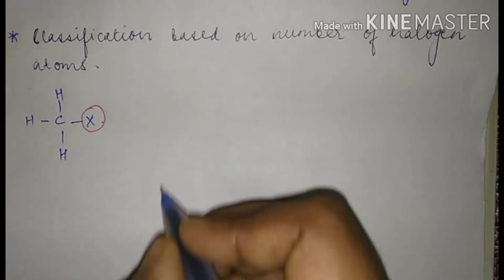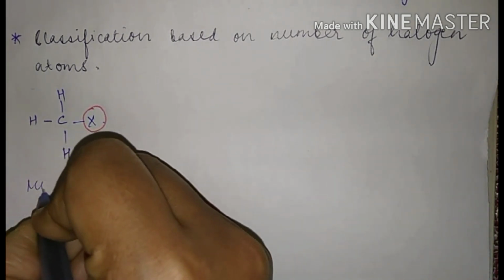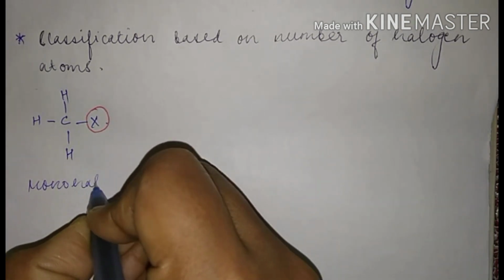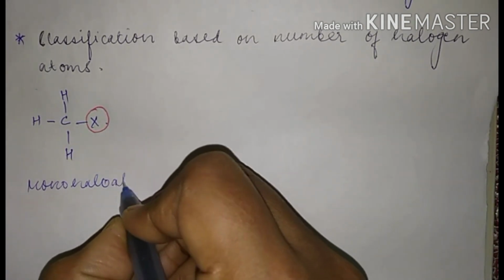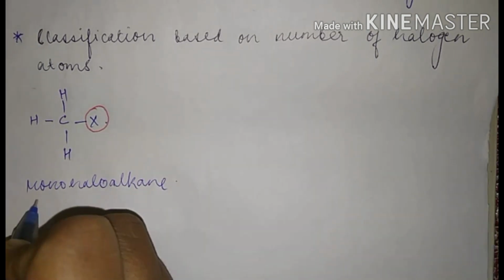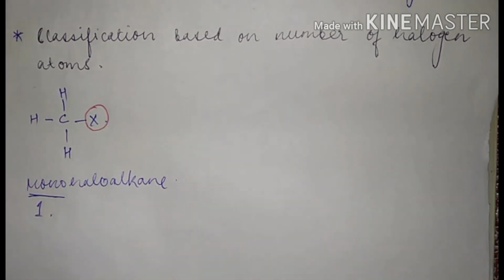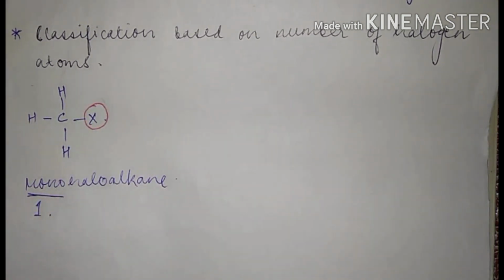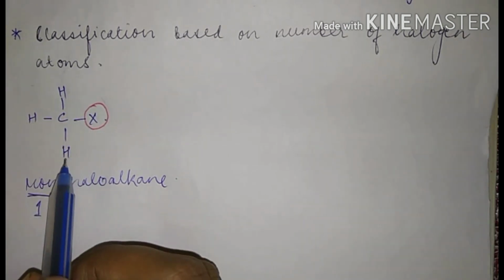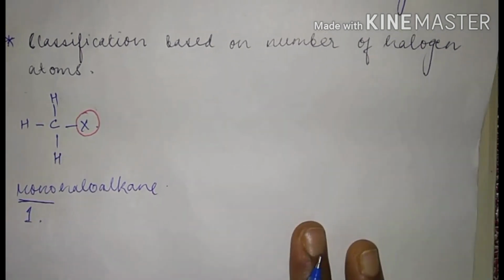So this haloalkane will be named as monohaloalkane. We know the meaning of mono is one. So as one halide is attached to this alkyl group, it is called monohaloalkane.